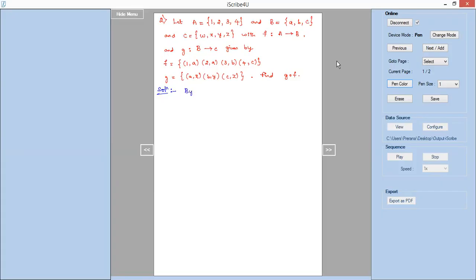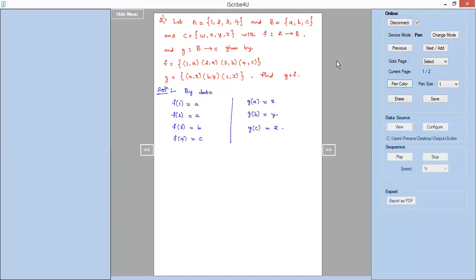So let us first write down that by data f of 1 is equal to a, f of 2 is equal to a, f of 3 is equal to b, f of 4 is equal to c. We also have g of a is equal to x, g of b is equal to y, g of c is equal to z.